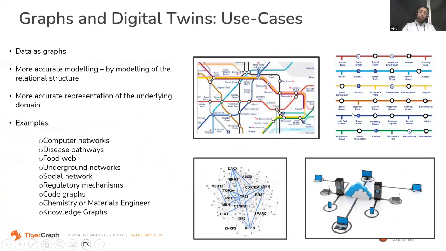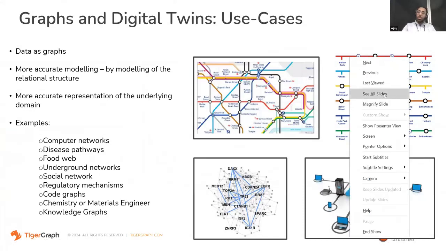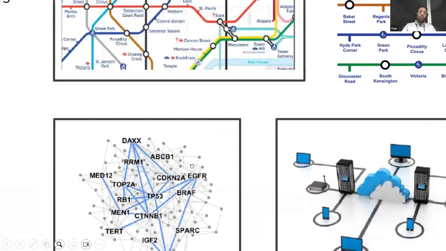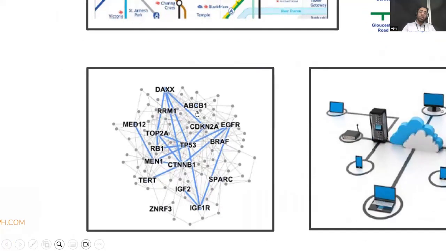Going on to some more use cases, this is again a graph in the human body, where you have these nodes, which are proteins in the human body. And if you remember high school biology, the proteins interact with one another, and any abnormal interaction between the proteins results in a disease.